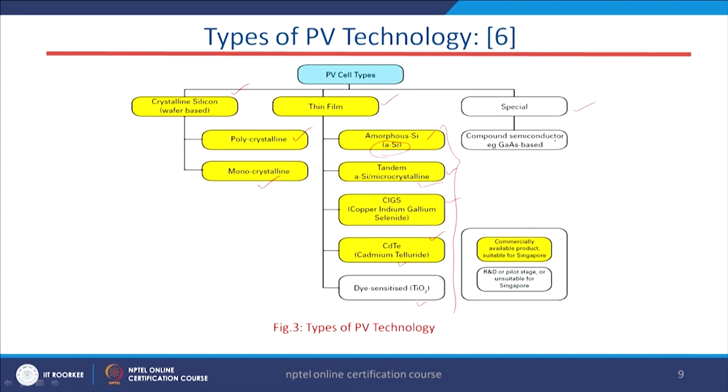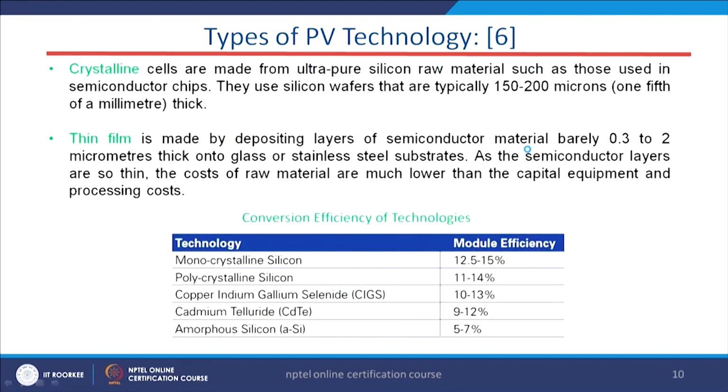Now, this is a special type, the compound semiconductor type PV cells, basically GaAs based PV cells. As far as the technology is concerned, their efficiency also varies.